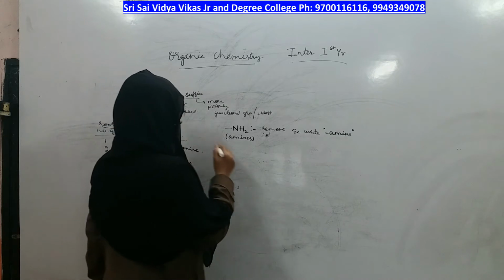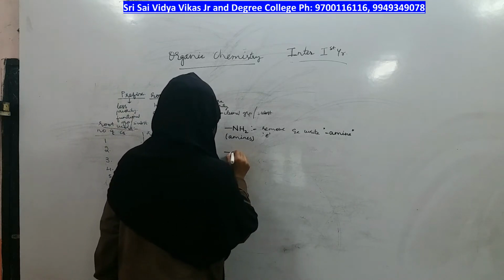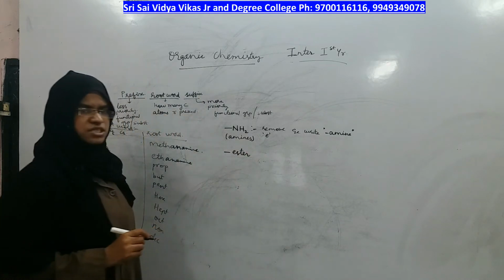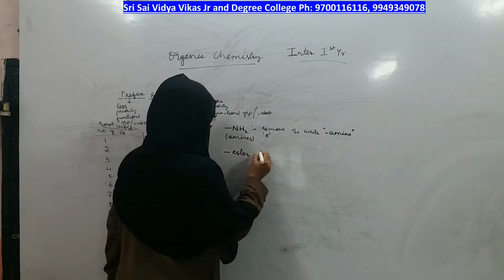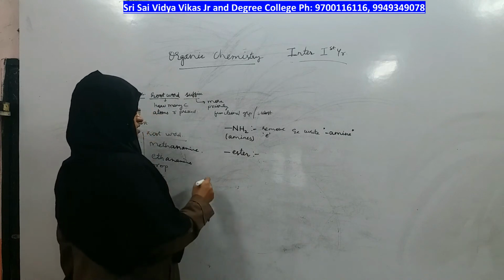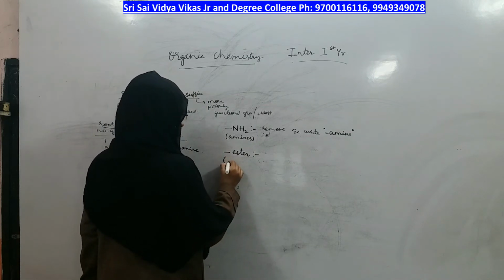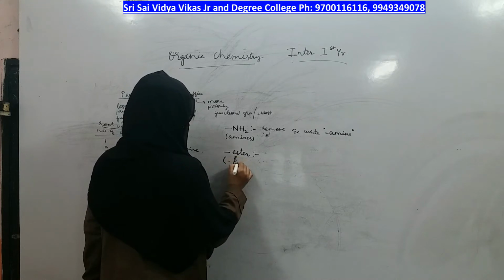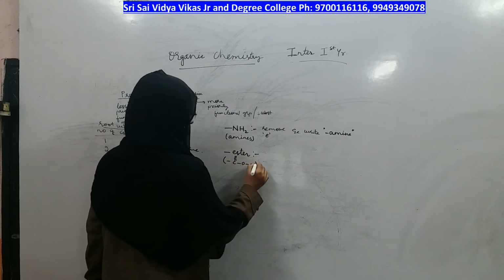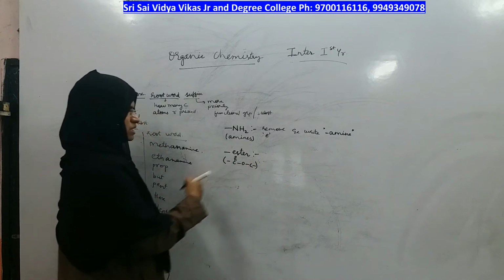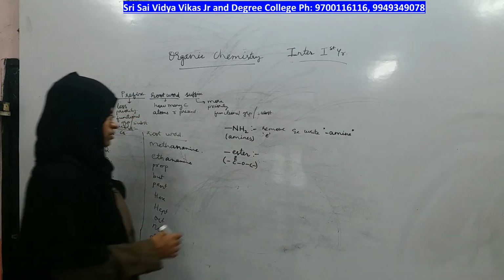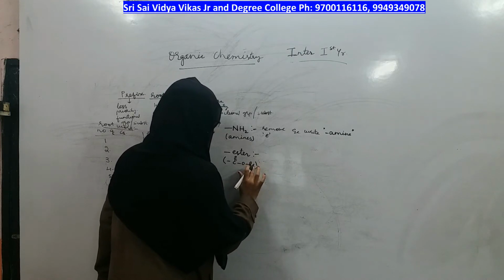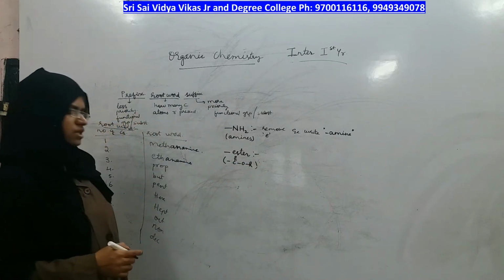Acid chloride is there, then ester. If ester is the functional group, what does it mean by ester? The formula is C double bond O, O R, where R is any alkyl group or any carbon on this side, right?